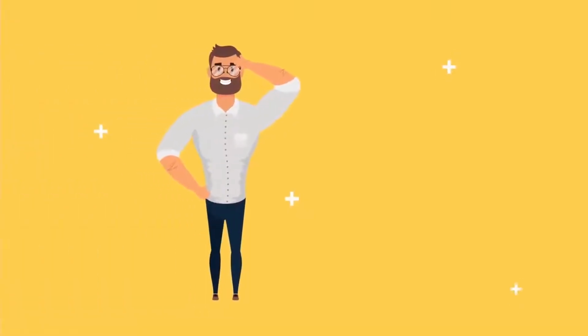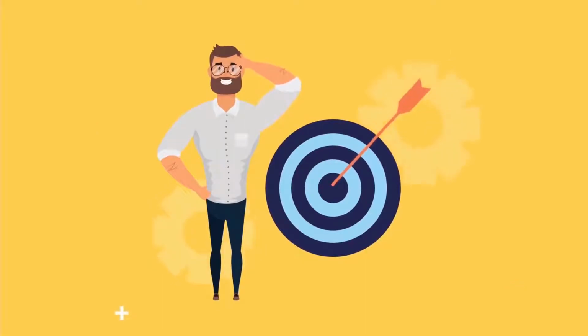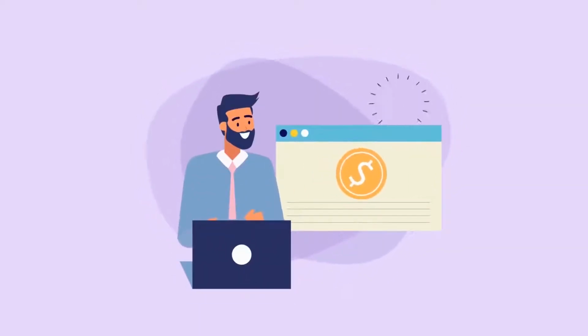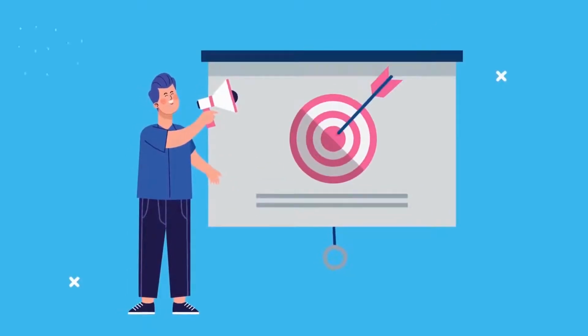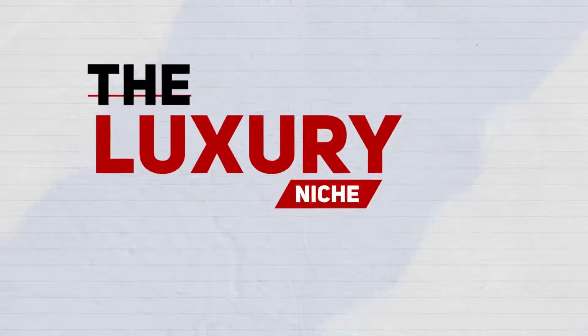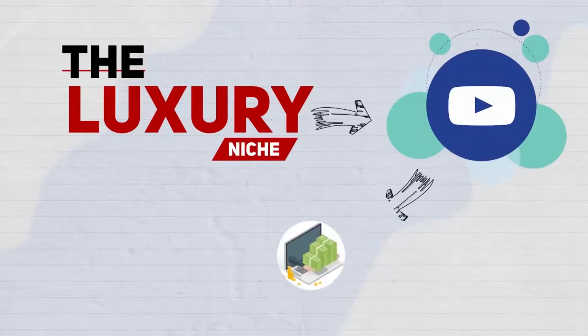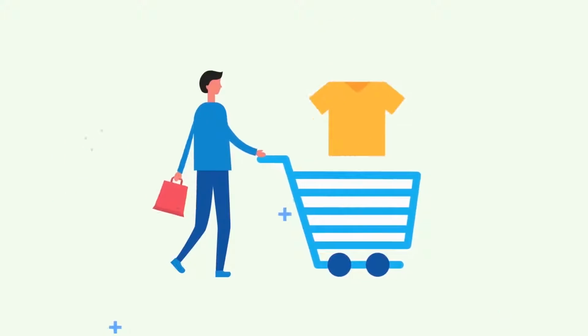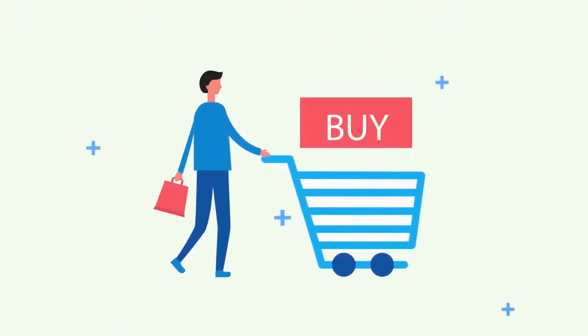So what's an example of a high-paying niche that we can start to re-upload videos in and earn money from YouTube on in 2021? One of the highest-paying niches on YouTube is going to be the luxury niche. The reason is that videos on luxury usually contain expensive products, and it's usually rich people or people who can afford those products that are watching those videos.